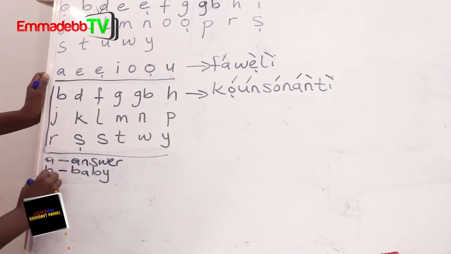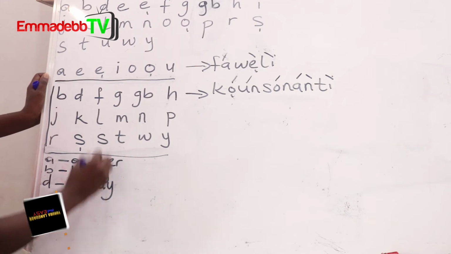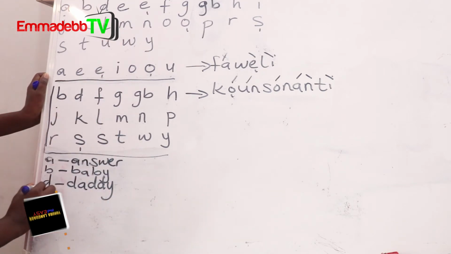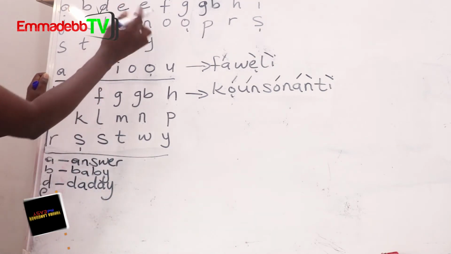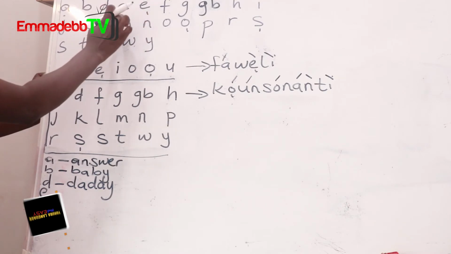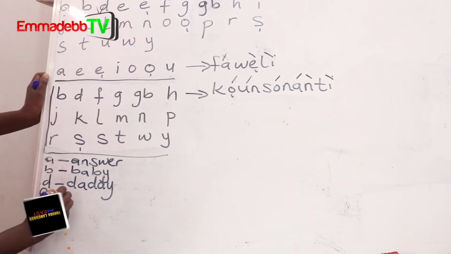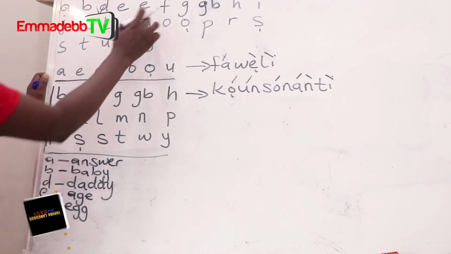D, the D that we have in daddy. Then we have two that look alike. It is only this mark that differentiates the two, so they are not pronounced the same. This A is the A that we have in age, and this A is the A that we have in egg.